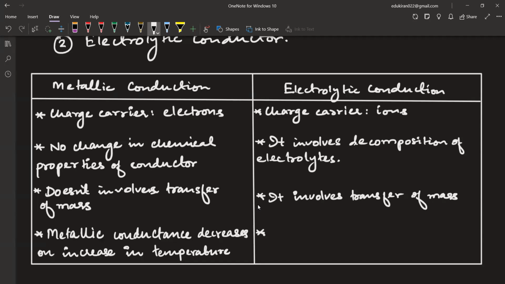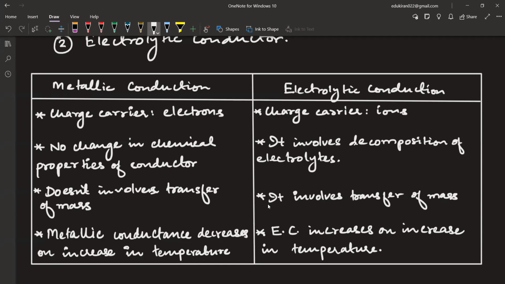But the thing about ions in electrolytes is that electrolytic conductance increases on increase in temperature. Write these 4 points.